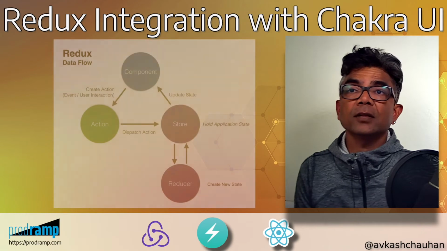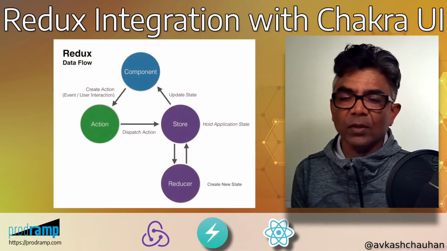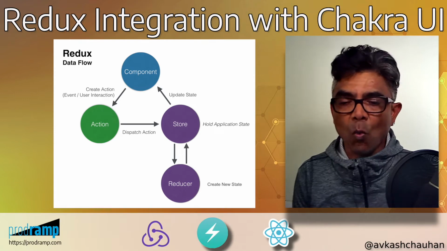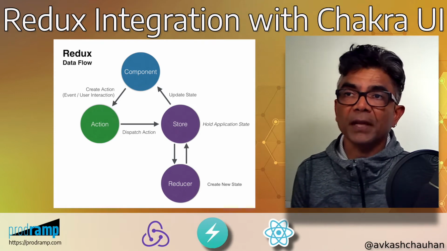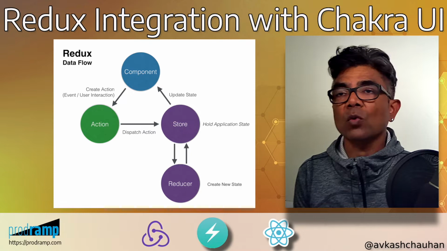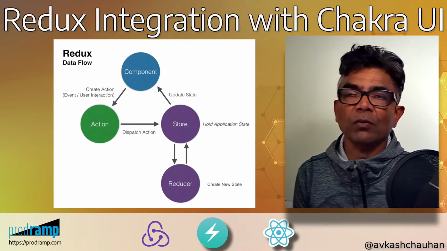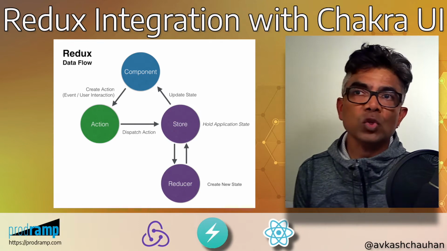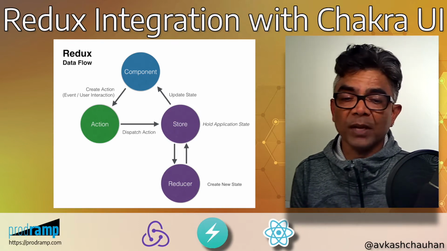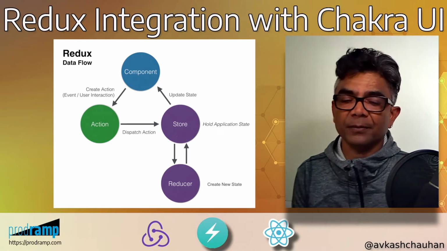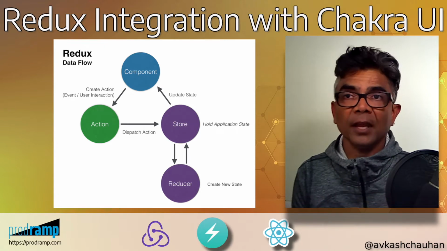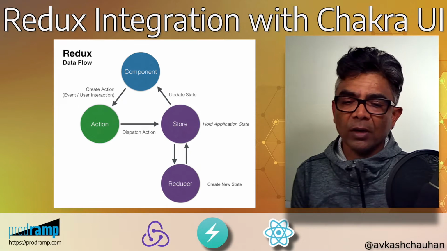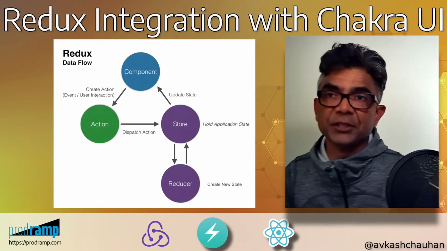As shown in this image, we have four big components here. One is your UI component, where you are making a call to the backend or getting the data for whatever reason. As soon as your component updates, it creates an action. That action is sent to the Redux store through a dispatch action.